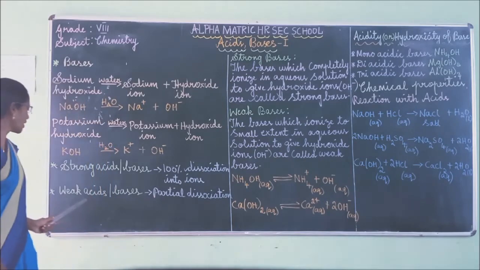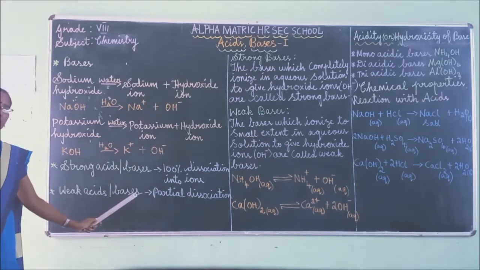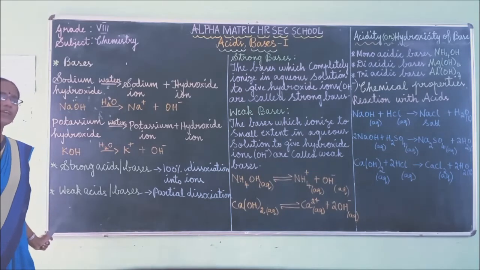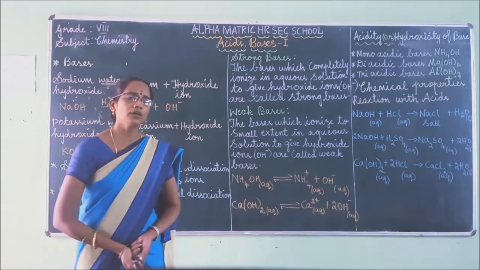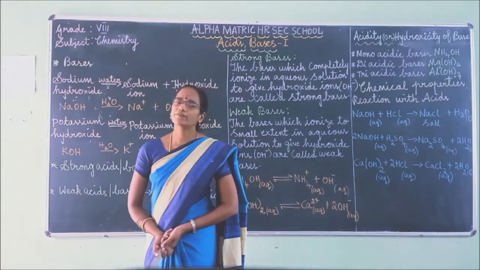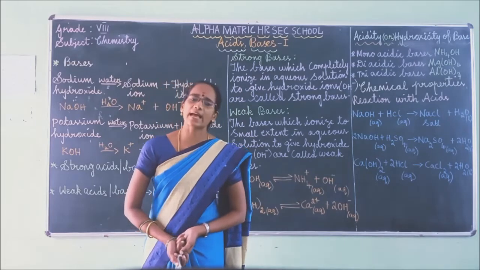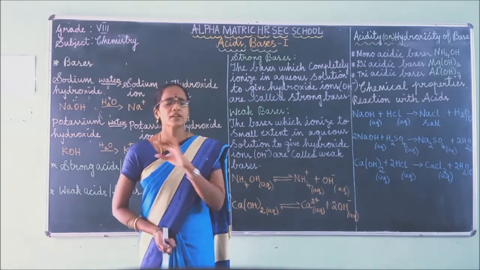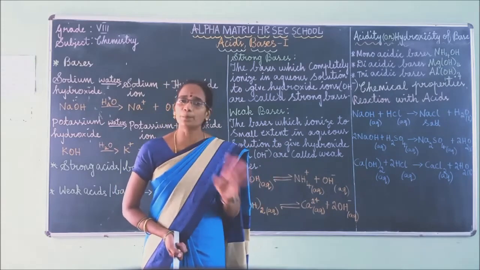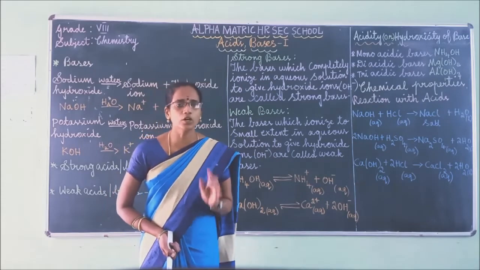Okay. Next one, weak acids as well as weak bases. Weak acids are acetic acid, carbonic acid, and weak base is ammonia. These weak acids as well as weak bases are partially, means not fully, not completely, only partly dissociated into ions.